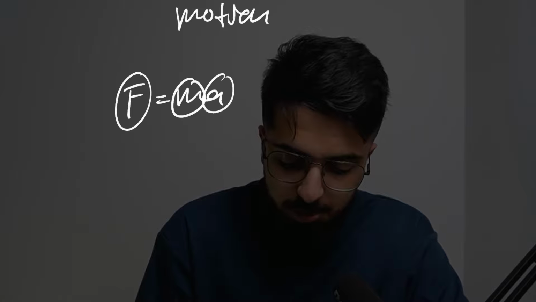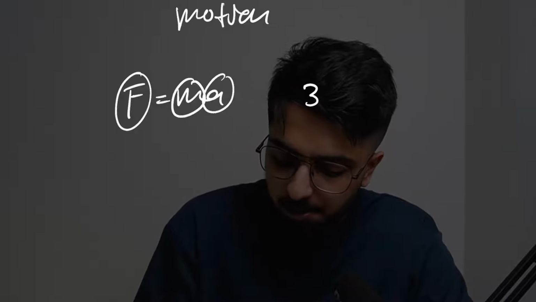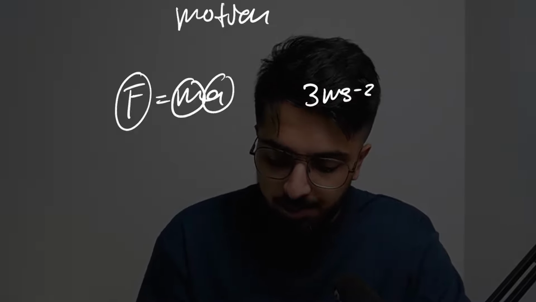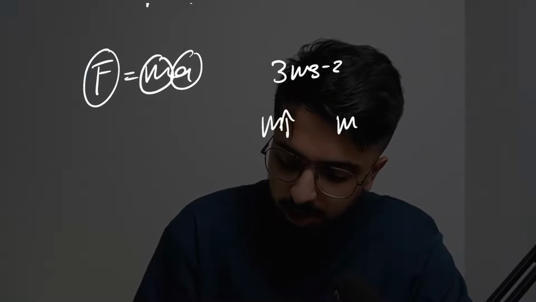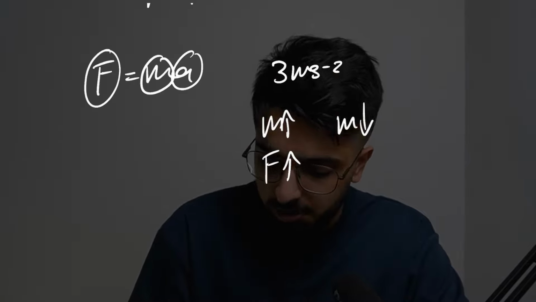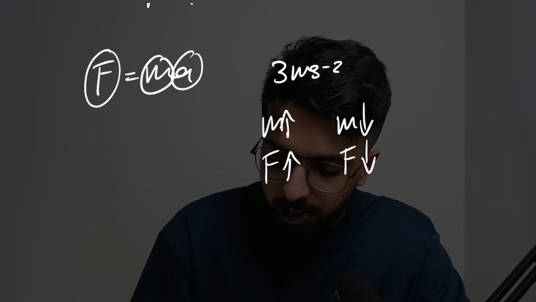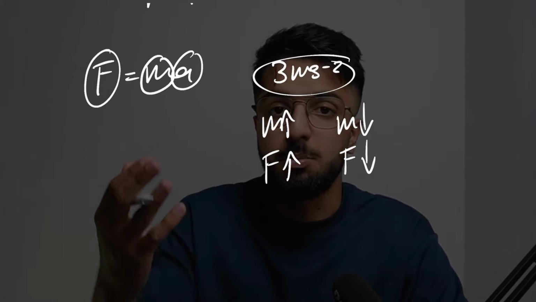So, put more simply, if we want to achieve an acceleration of, let's say, 3 meters per second squared, if we have a heavier object compared to a lighter object, this heavier object would require a larger force than this lighter object to achieve an equal acceleration for both objects.